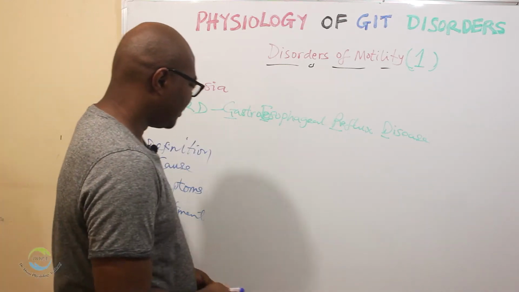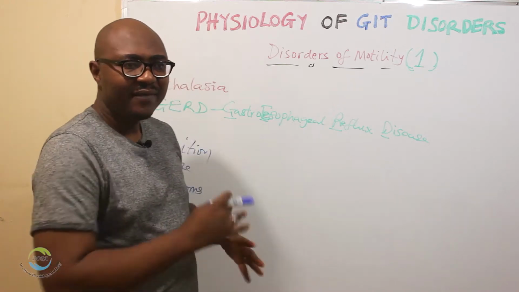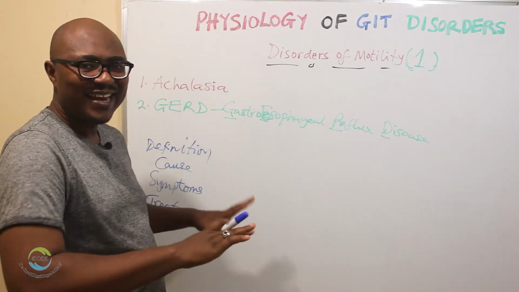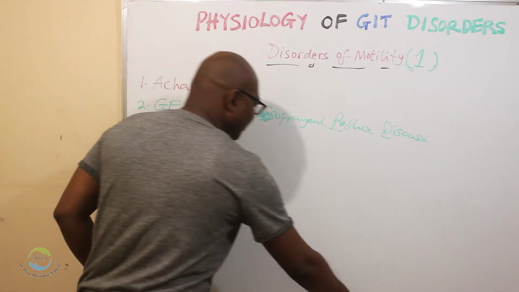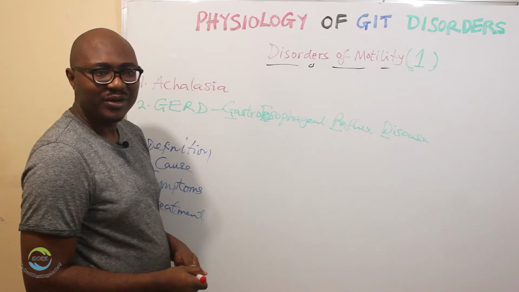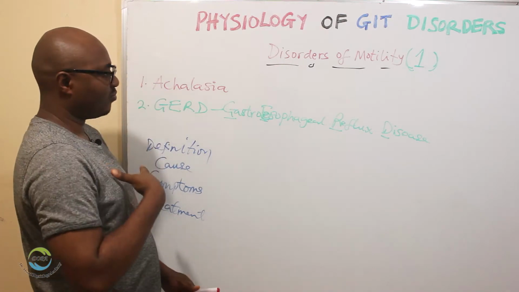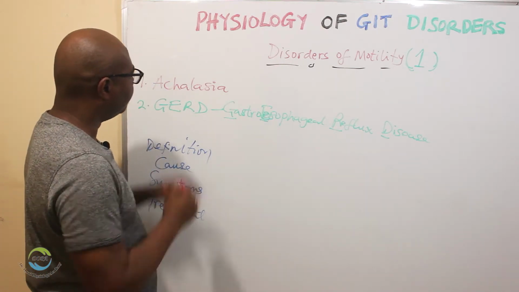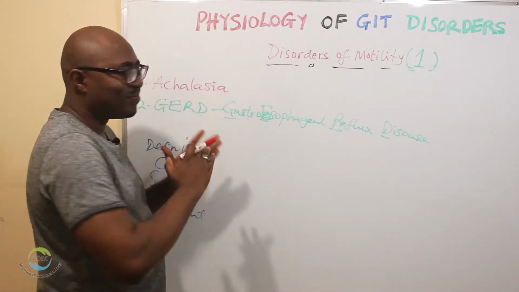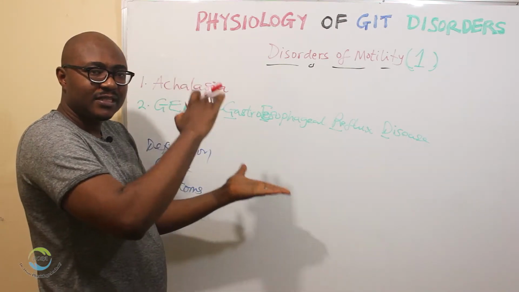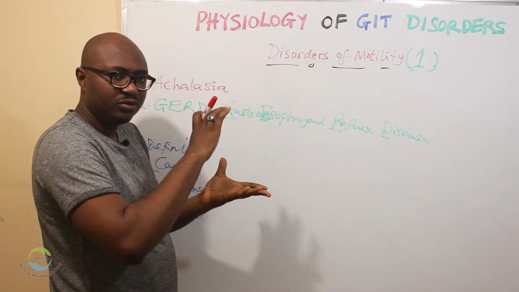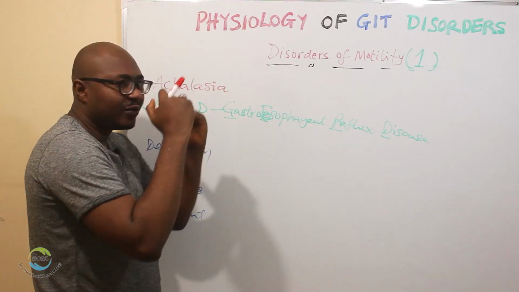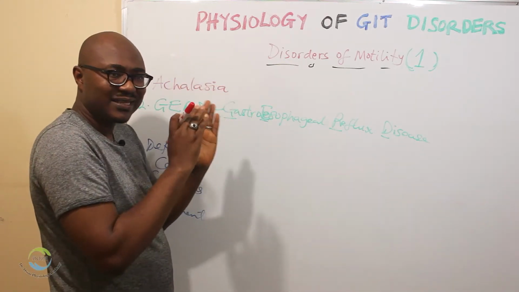So achalasia is just simply failure to relax. That's how the name was gotten, failure to relax. And what is failing to relax? We're starting from up, down. Now, remember that the GIT is divided into different compartments through sphincters. You have the upper esophageal sphincter, lower.